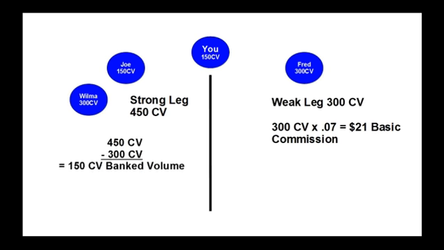As I use the sponsoring and placement technique and help keep my two sides balanced, I can begin to flip my left and right-hand sides between weak and strong legs. Again, until you actually go through the experience, you don't know what will happen, but we'll give you some examples of this. So let's come back here, and I continue to sponsor because I want to be Elite Honors Qualified, and I want to build a significant organization in Synergy worldwide.